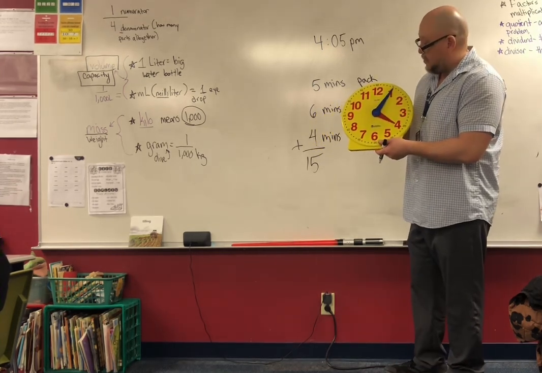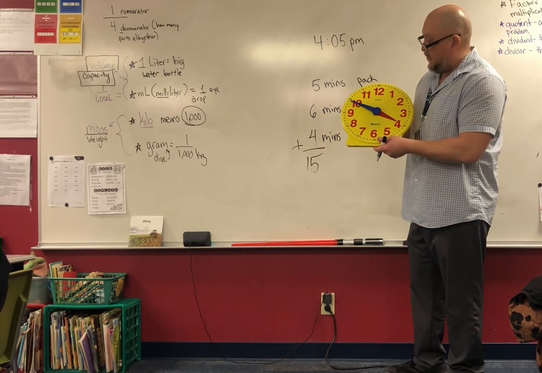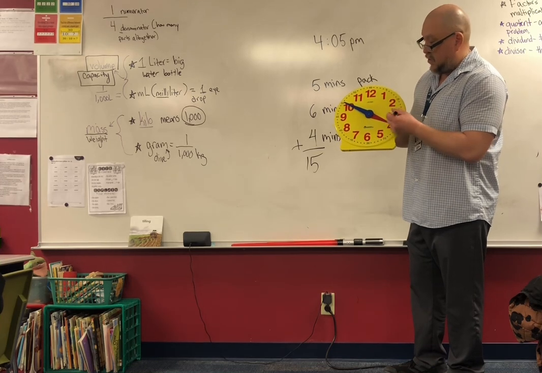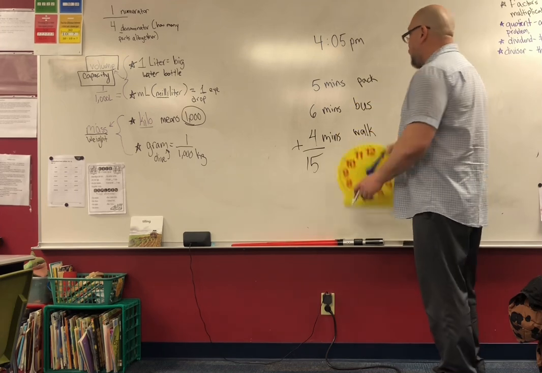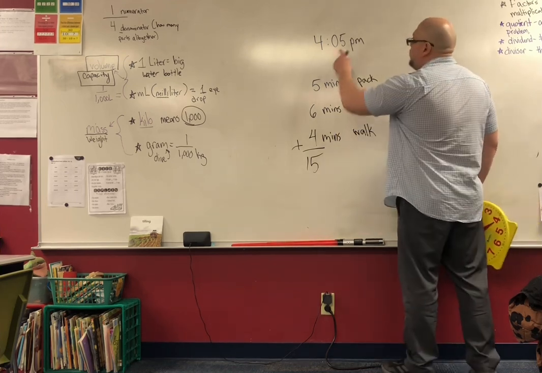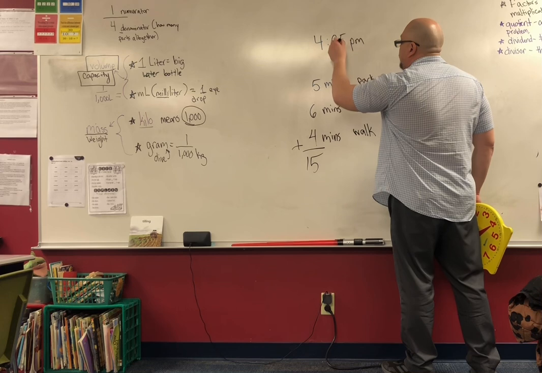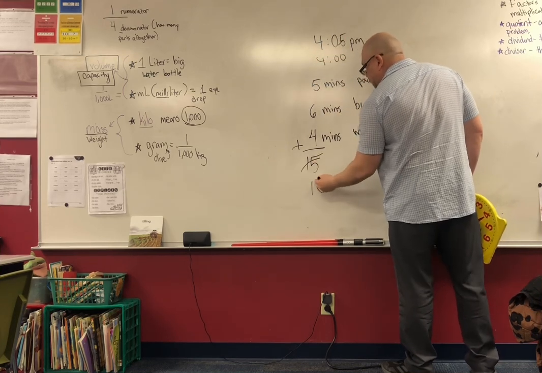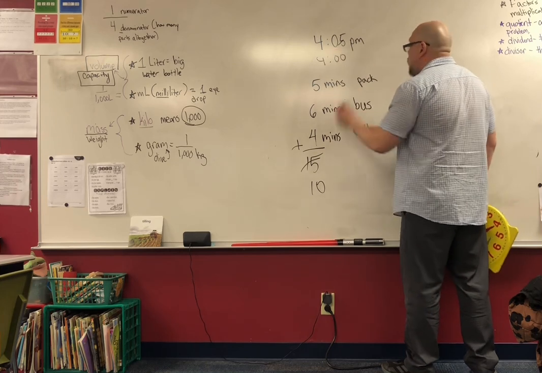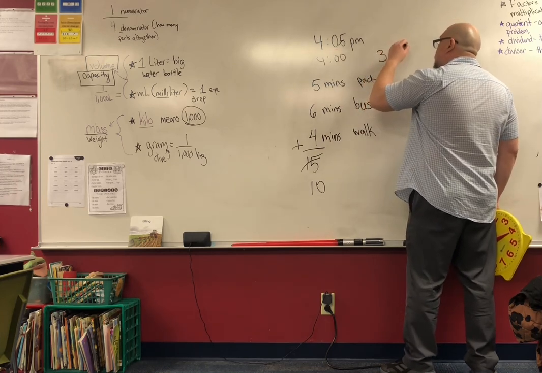Just skip count. 5, 10, 15, which is 3:50. Or I can just do it in my head. 15 minutes, if I take away 5, it'd be 4 o'clock. And that leaves me with 10 minutes. If I take 10 minutes away from 4, it's 3:50.